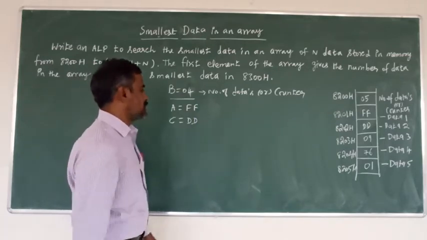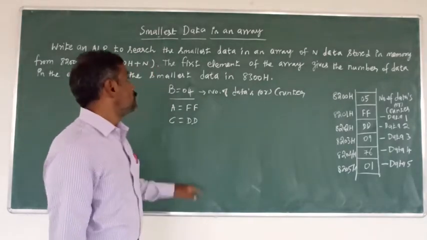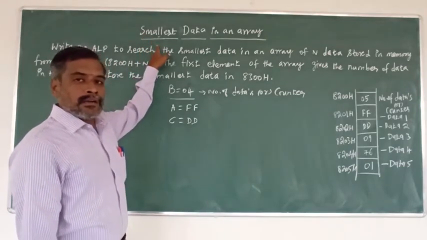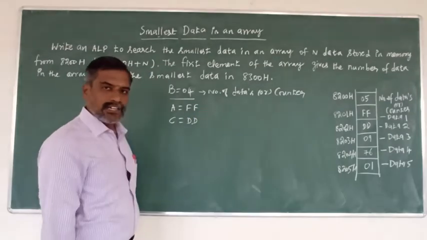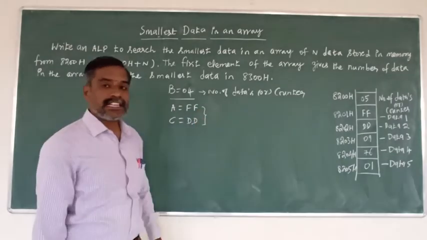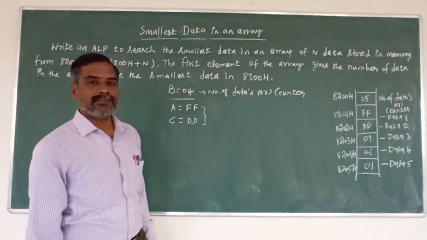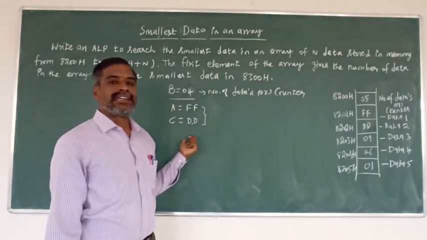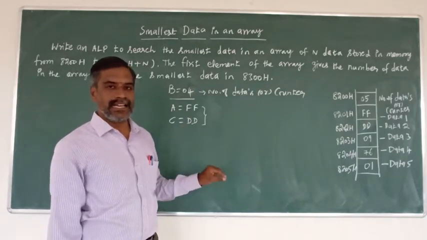Next, now to compare these two data. Comparing the two data means you have to compare the accumulator with the C register. Now we check the carry status. When the carry flag is set, it means the accumulator content is lesser than the register data. Now the accumulated data is less.